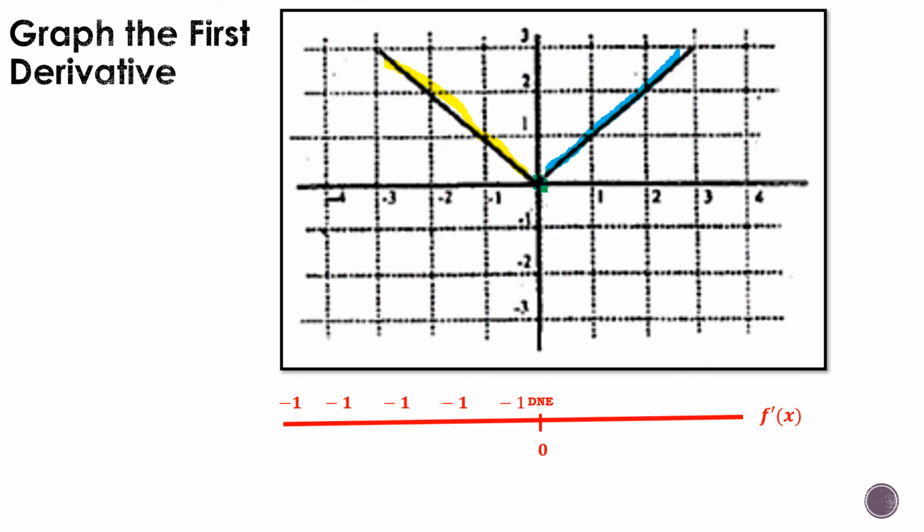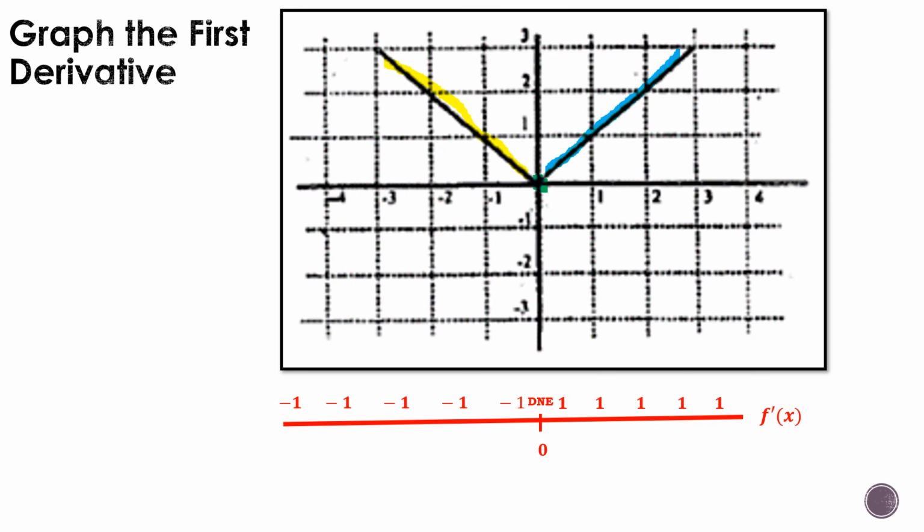I didn't just put negative, and that's because this is a linear function. So I can see that it has a slope of -1. On the right side, it has a slope of +1. So anytime you can find the actual slope because it's linear, you're going to use that. If it's a curve, you would just say it's decreasing or it's increasing. But if it's increasing or decreasing at a constant rate, you're going to put what that slope is.